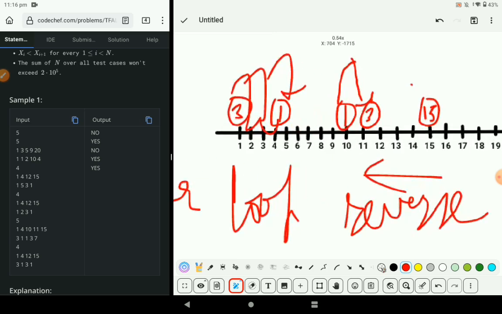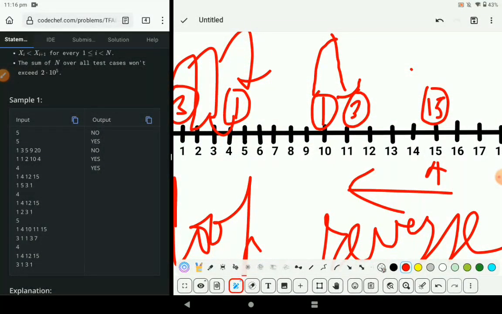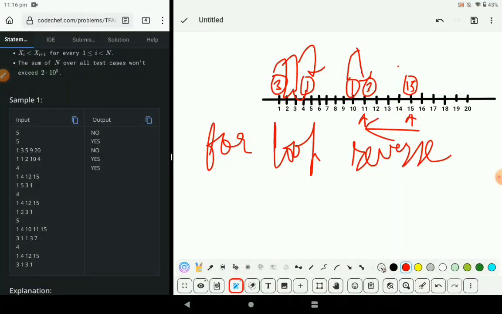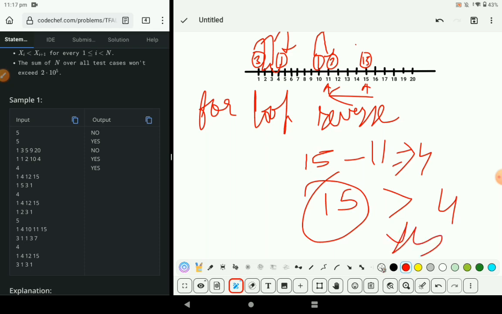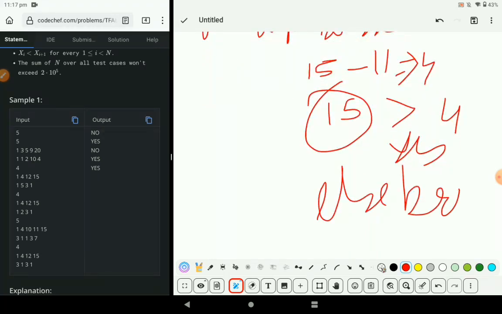What will we subtract? The index at I plus 1 position from the index I. We will subtract 15 minus 11, which equals 4, and we will compare if the power is greater than the difference, then we will just print yes, else we will break. So basically this is our approach.